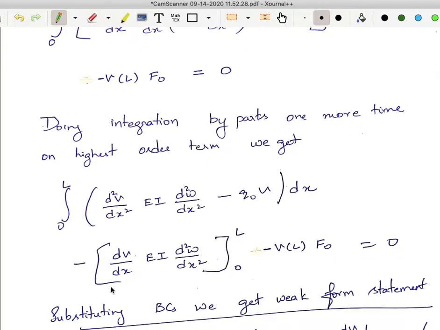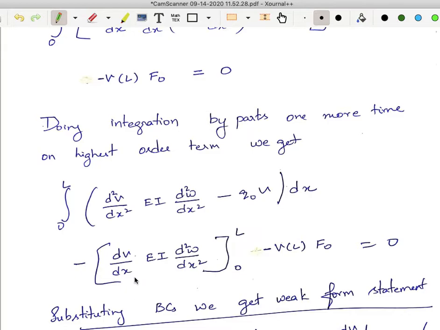Now in this boundary term, what is the form in which the weight function is appearing? It is appearing also as a first derivative dv by dx. So one more primary variable in this problem will be dw by dx. Okay, and dw by dx we impose it to be 0 at x equal to 0.